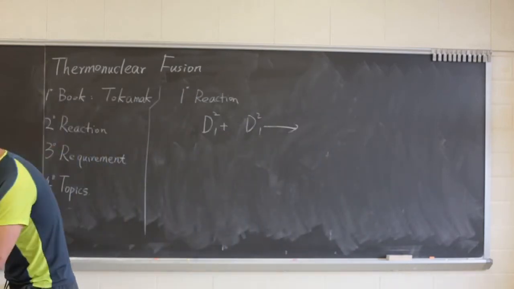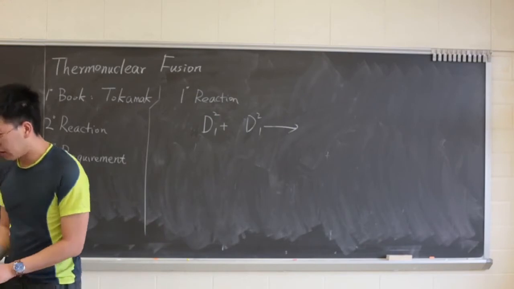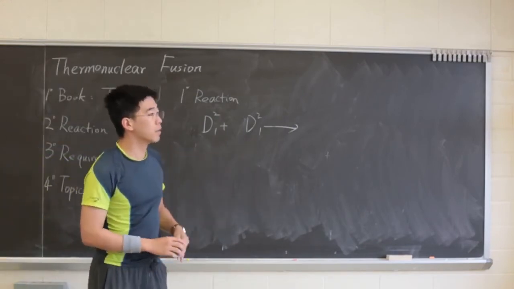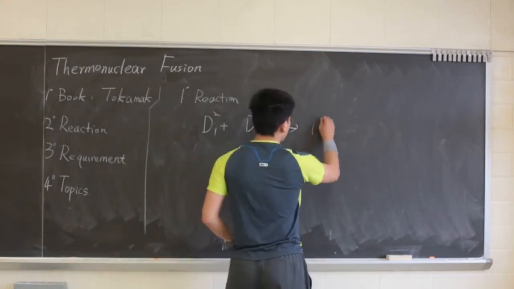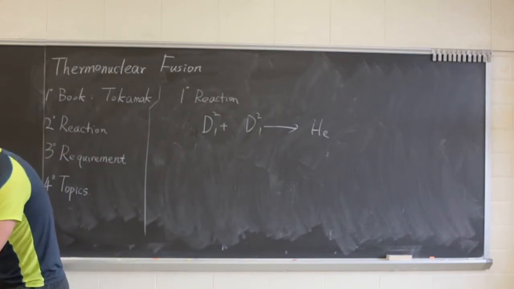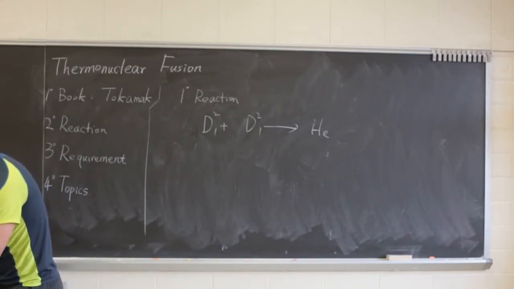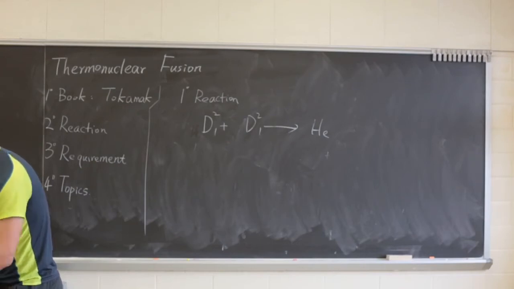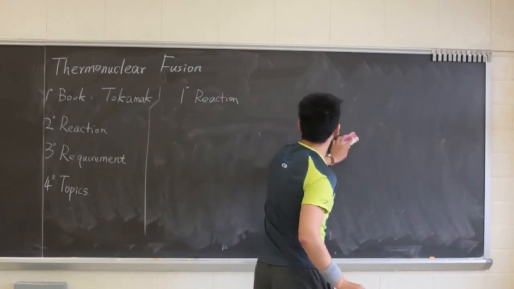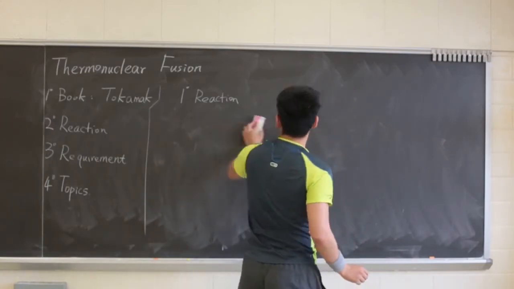I don't quite know that reaction, but it will also create some energy, with almost the same mechanism. It will create helium, but I don't know if helium-3 or helium-4. Anyway, for the time being, I won't talk about that. Let's get to the next.